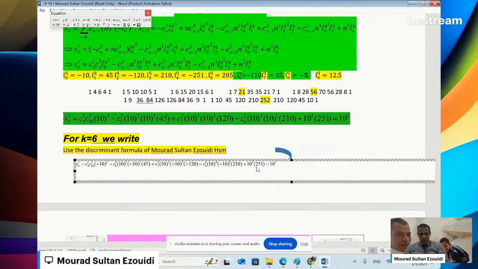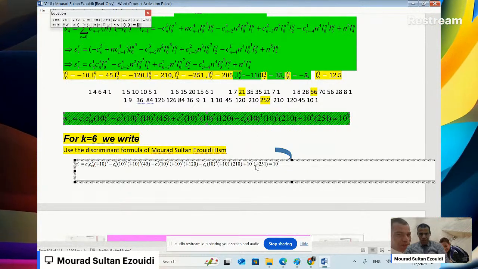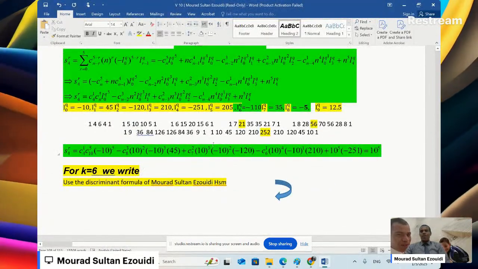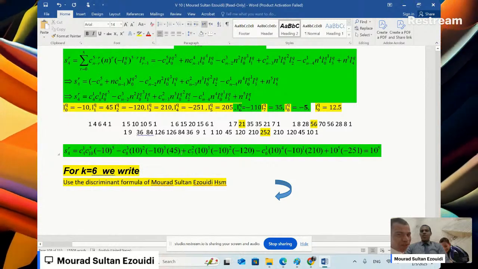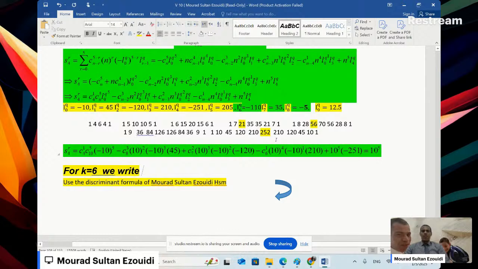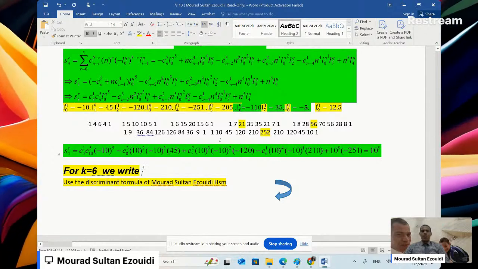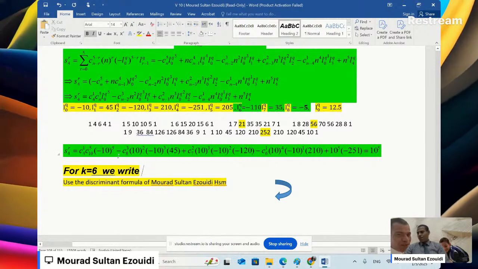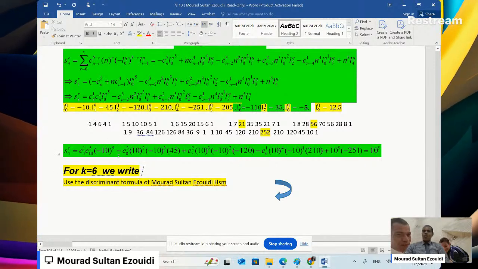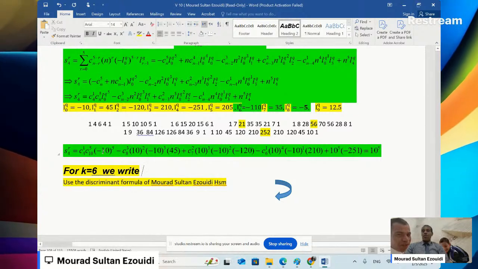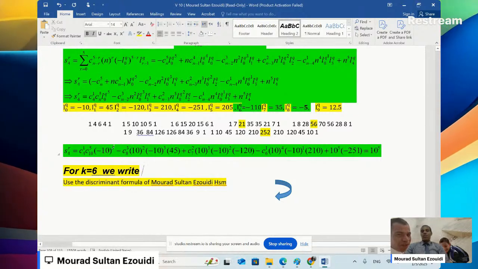So now you can use a calculator and calculate this. Before calculating, you can see that 10 raised to the power 5 is a common factor in all the terms. But pay attention to the negative sign raised to the power 5.